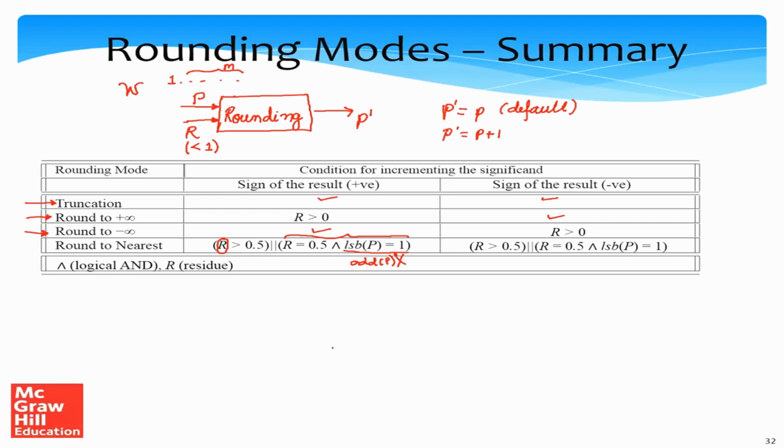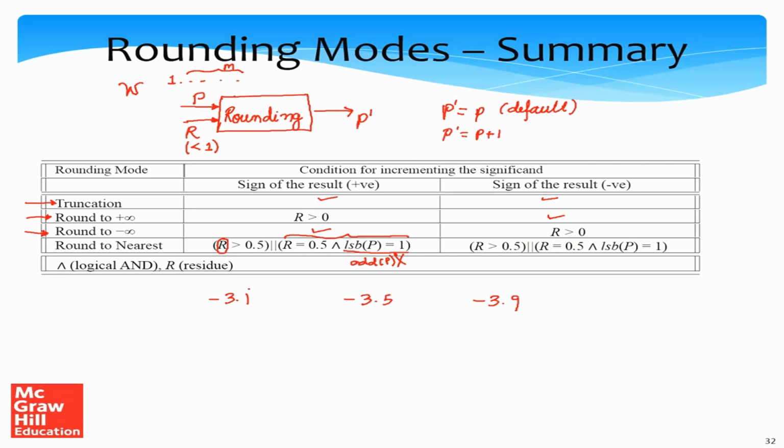Okay. So let me again consider the three numbers: minus 3.1, minus 3.5, and minus 3.9. They're negative variants. So what I do is I'll take a look at the residue. If the residue is greater than 0.5, I'll do something, or if the residue is 0.5, I'll do something else.